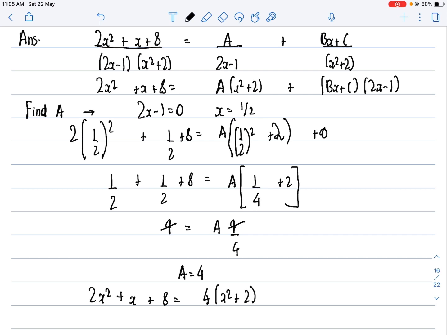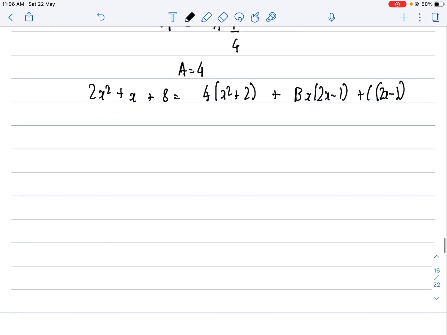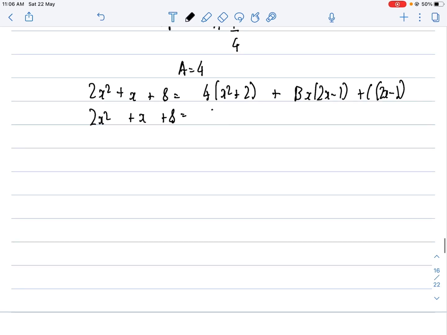Instead of a I put 4, plus I can expand bx plus c into 2x minus 1. So this is bx into 2x minus 1 plus c into 2x minus 1, which now I can write as 2x square plus x plus 8 equals 4x square plus, I know 4 into 2 is 8, plus 2bx square minus bx plus 2cx minus c.